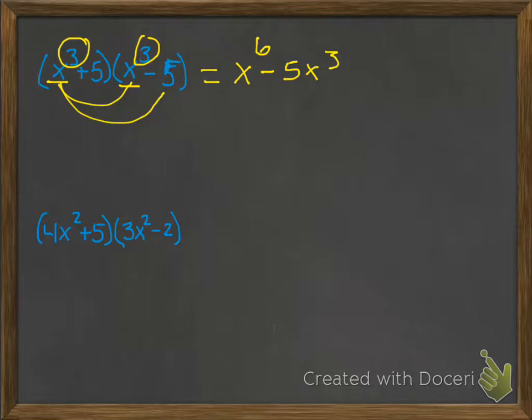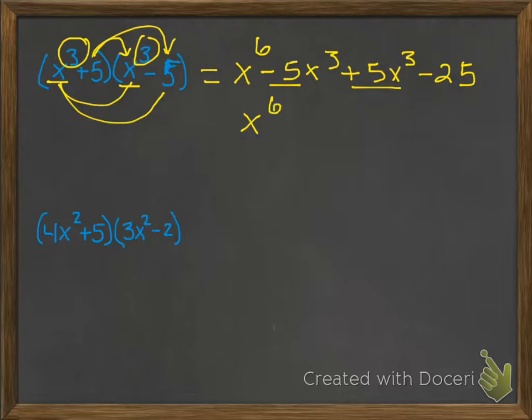Alright, and then now our 5 times x cubed is plus 5x cubed. And 5 times negative 5 is minus 25. So my two middle terms here end up crossing out. This doesn't always happen, but we'll check out more when it does happen. We're going to actually be reviewing that. And we get x to the 6 minus 25.